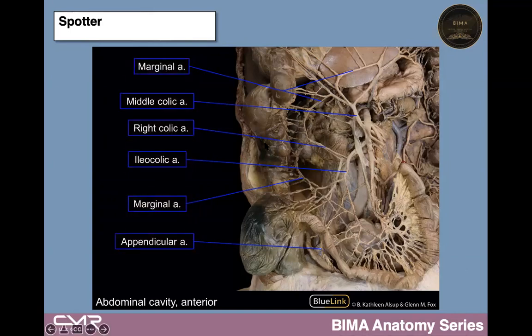So from the top to the bottom, we have the marginal artery. Also, you could call it the common colonic artery, or Ehlers anastomosis, or marginal artery, however you want to say it, which will be the collateral for the entire bit of bowel. You've got the middle colic artery here.